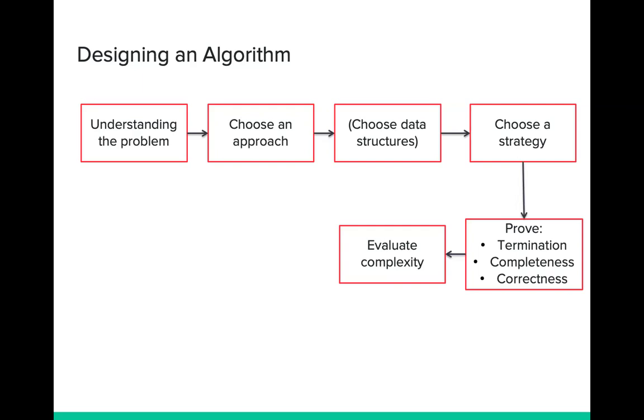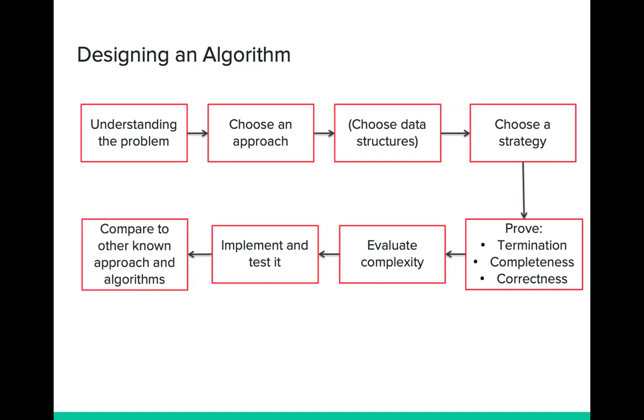What would you choose? An algorithm also should not be memory intensive, or consume a lot of space. Now, in order for us to check whether the algorithm indeed works, we have to implement and test it. And lastly, we can benchmark or compare to other known approaches and algorithms.